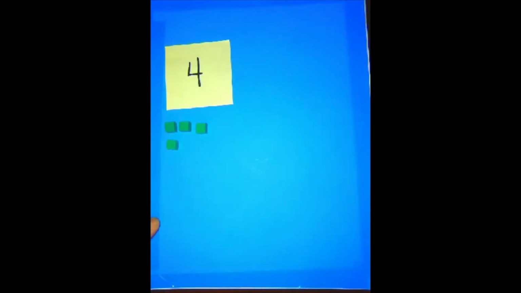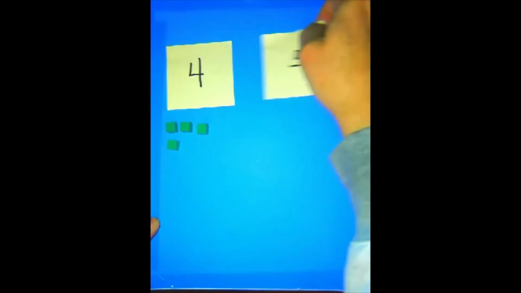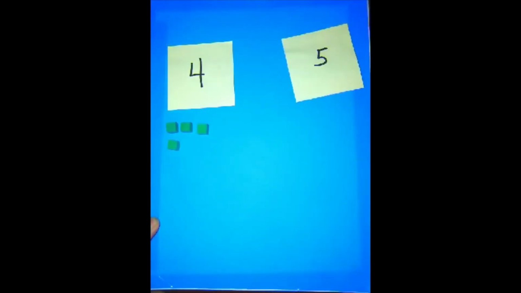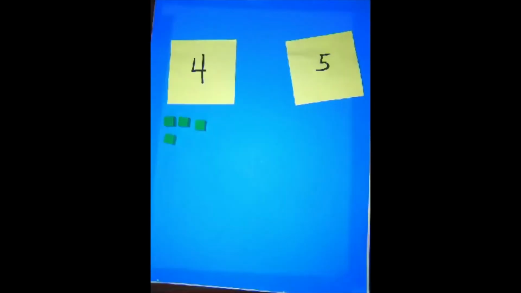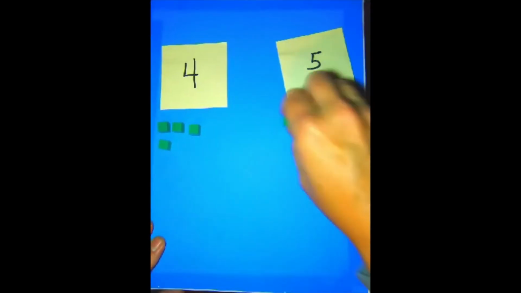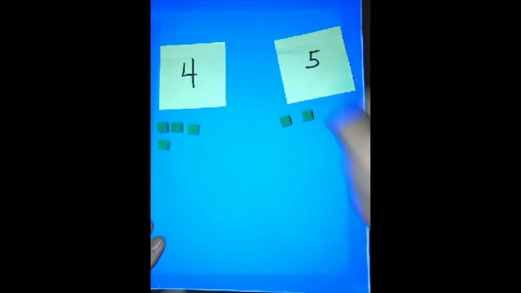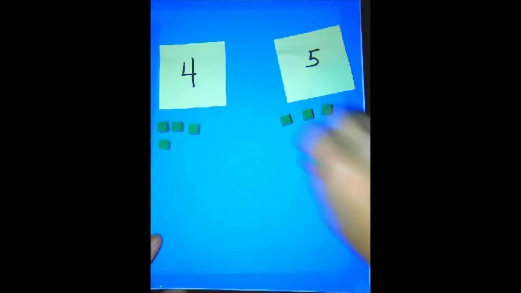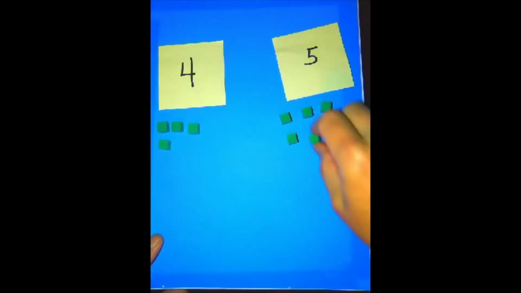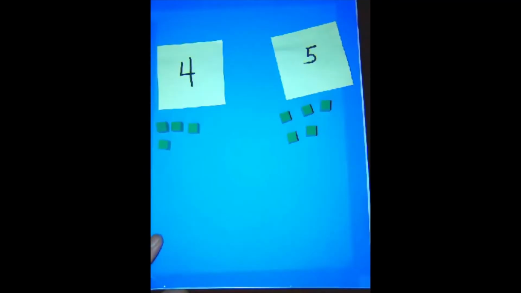So let's imagine now that we are going to represent another number, in this case the number 5. We have used the symbol, we have used the verbal, and now we're going to represent it using our subitizable and chunking representations using the objects.